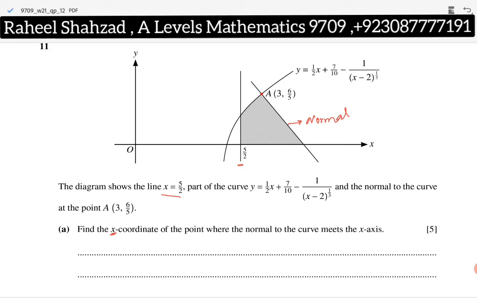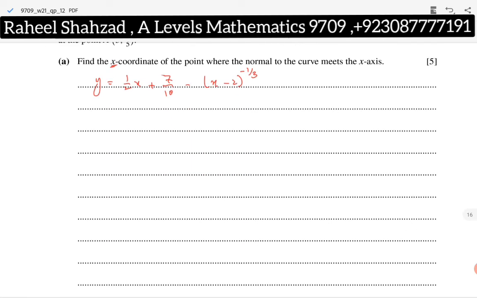Okay, so let's see what curve we have. y equals 1 by 2x plus 7 divided by 10 minus (x minus 2) power minus 1 divided by 3. Let's find the gradient. dy by dx is 1 by 2 plus 0, 1 by 3 (x minus 2) power minus 1 by 3 minus 1.